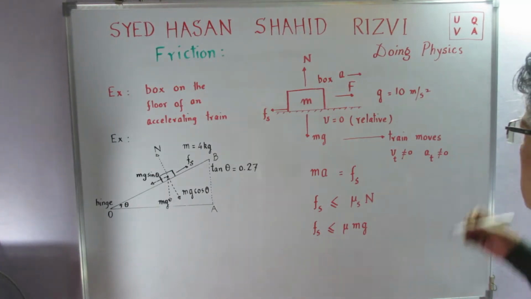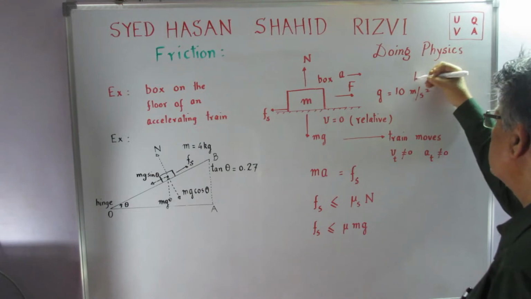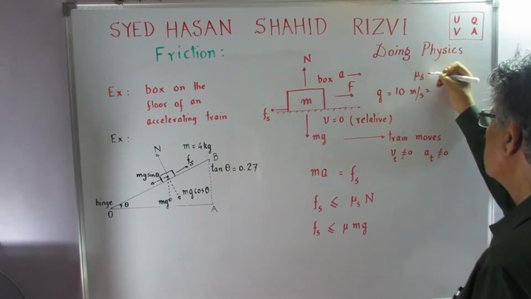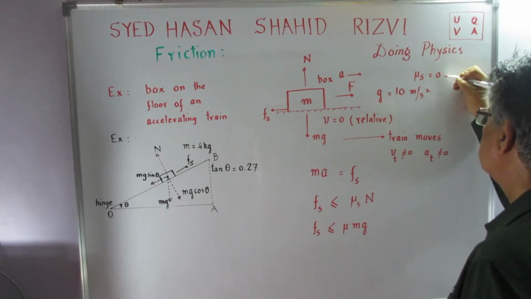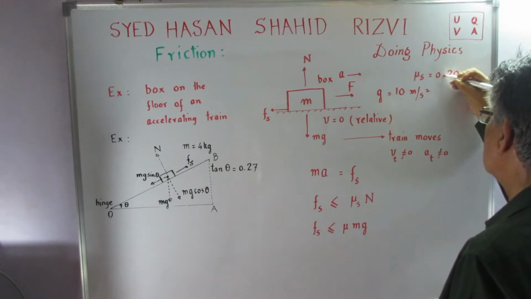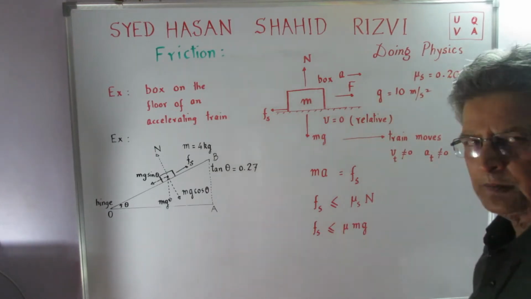Of course the value of mu s is also given to us. This is equal to 0.20 for example, and this you know is a pure number, it has no unit.